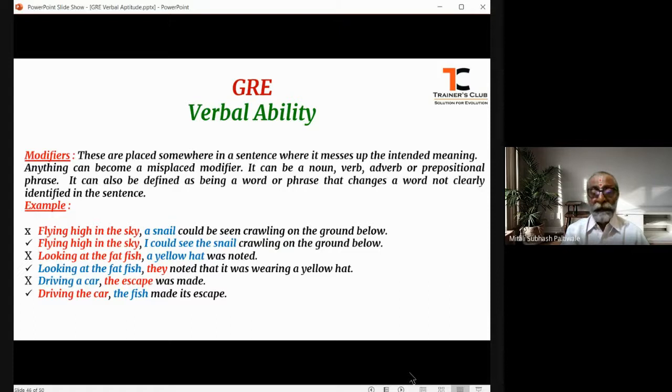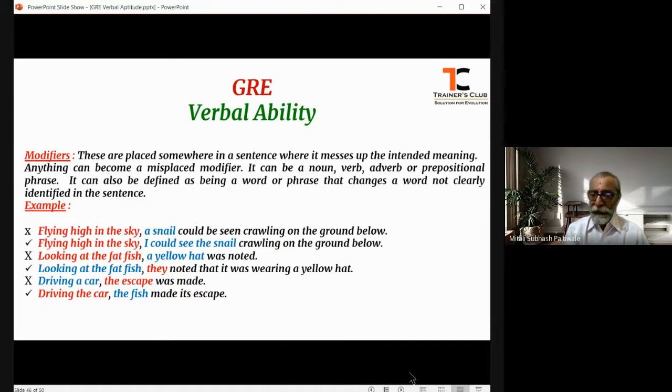Especially when we read phrases and idioms, these modifiers and parallelisms are much used, especially in prepositional phrases. So we have to be very careful in understanding them.